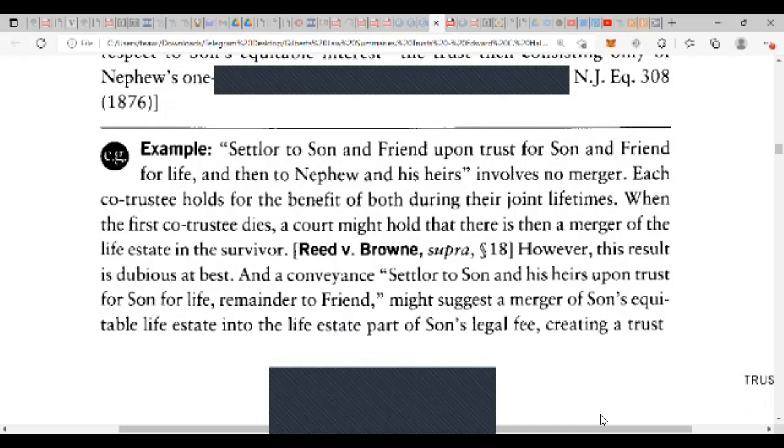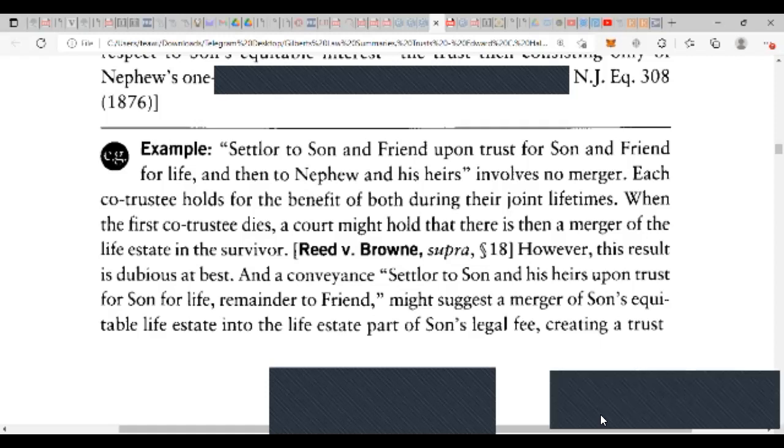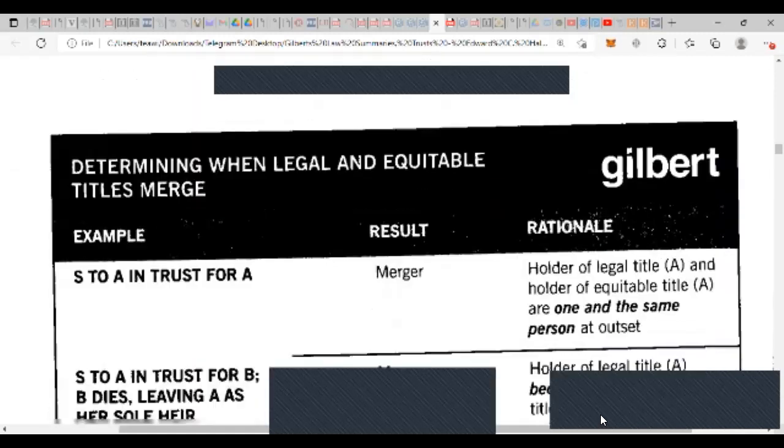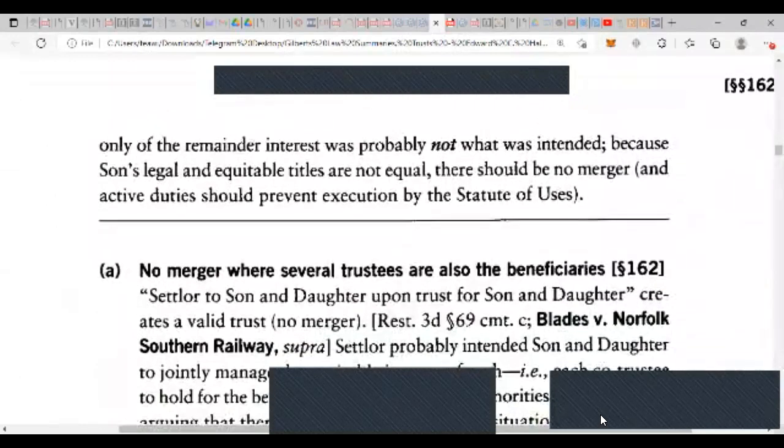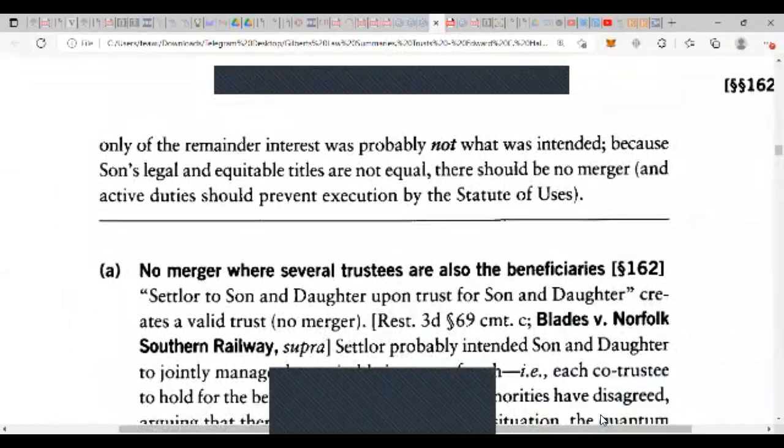And a conveyance, settlor to son and his heirs upon trust for son for life, remainder to friend, might suggest a merger of son's equitable life estate into the life estate part of son's legal fee, creating a trust only of the remainder interest. That was probably not what was intended because son's legal and equitable title are not equal. There should be no merger, and active duty should prevent execution by the Statute of Uses.